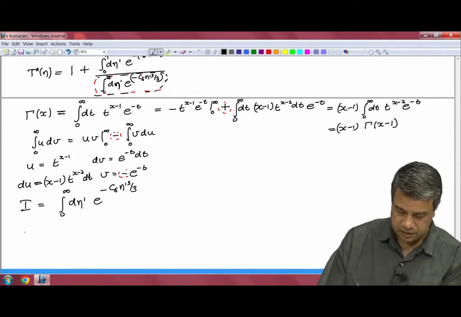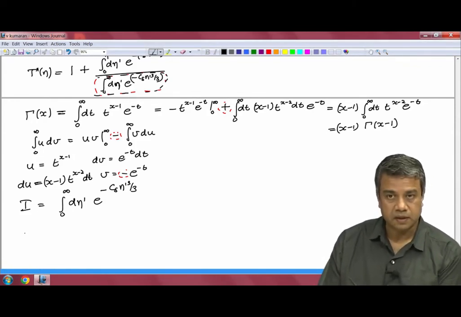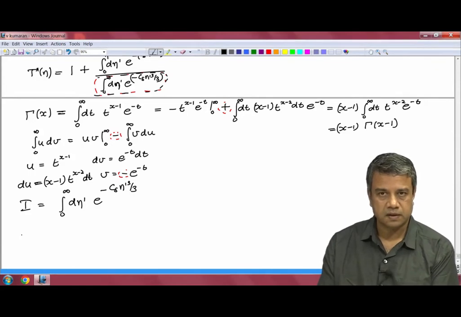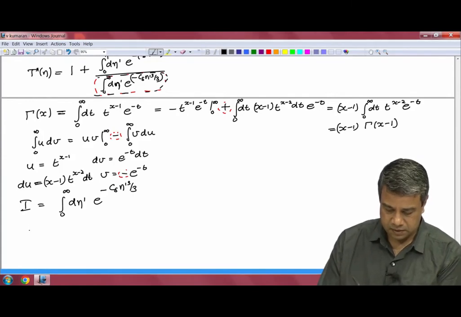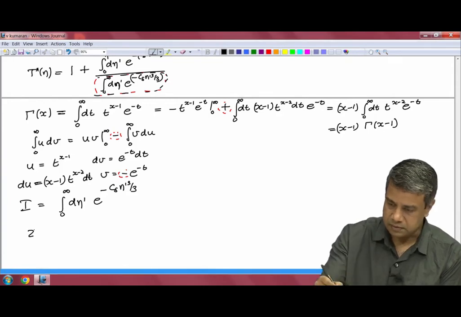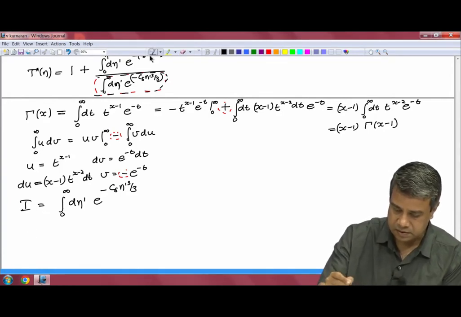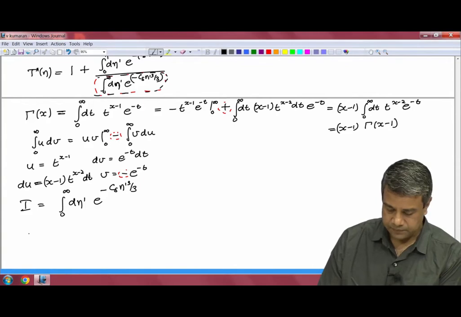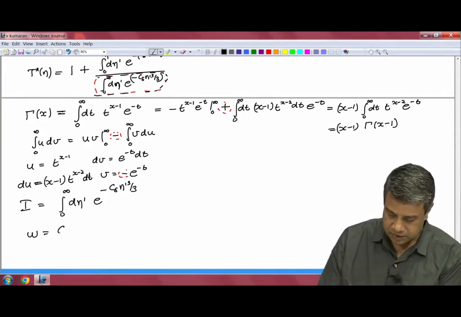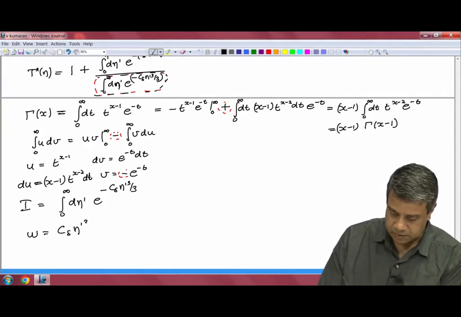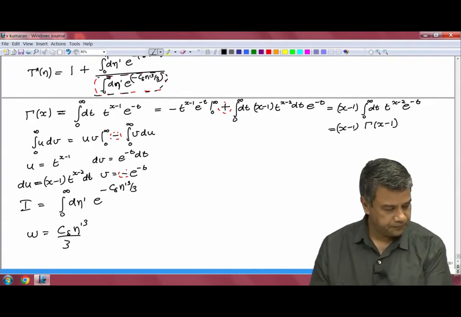I will define a new parameter. Let us call it z. No, z is used in this. So, I will just call it w, which is equal to c delta eta prime cubed by 3.